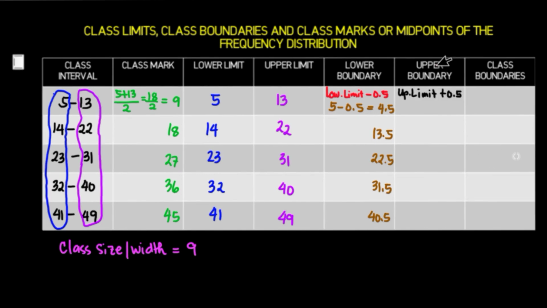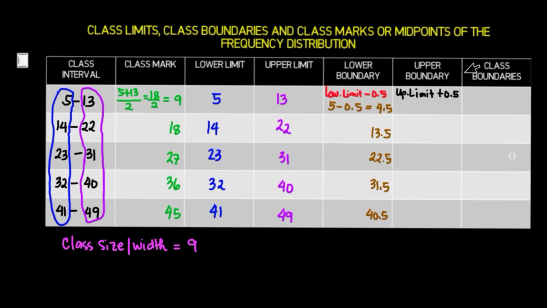Yung next naman po na kukunin natin is upper boundary. Para makuha yung upper boundary, lahat po ng upper limit, add po natin ng 0.5. Yung 13, yan po yung unang upper limit. Susulat natin, 13 plus 0.5 is equal to 13.5. Yan po yung unang upper boundary.